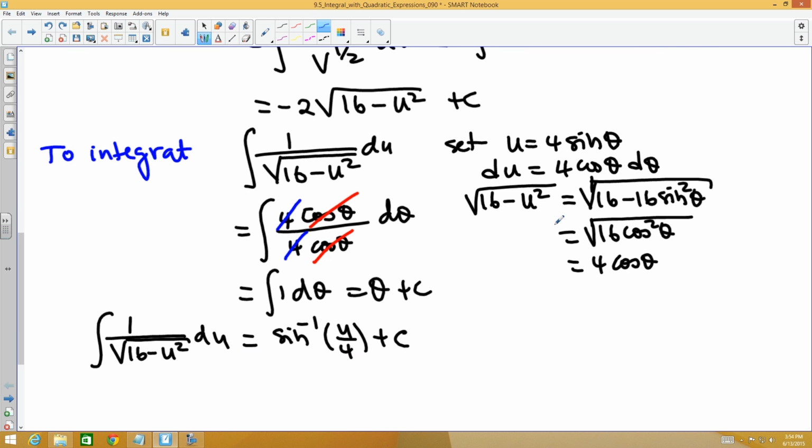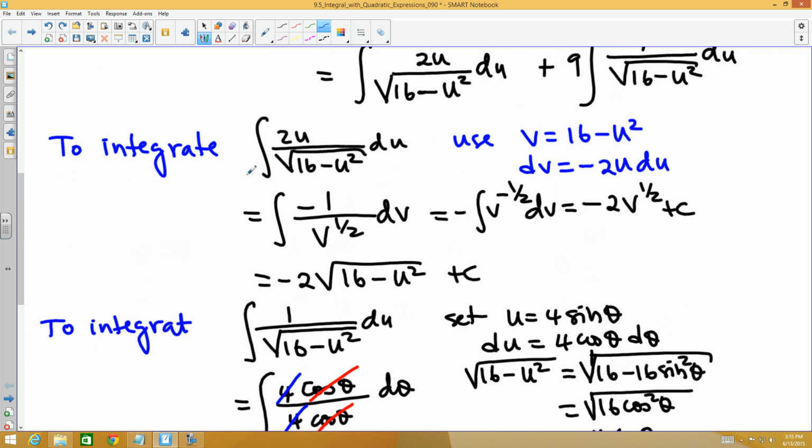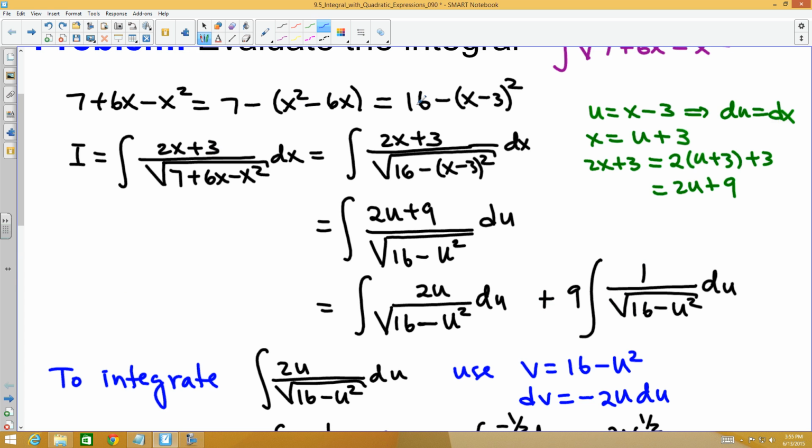And what is theta? We know that u is equal to 4 sine theta. That means sine theta is u over 4, so theta is the inverse sine of u over 4. And we remember that u is x minus 3.